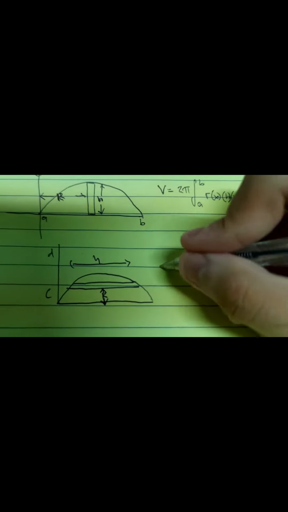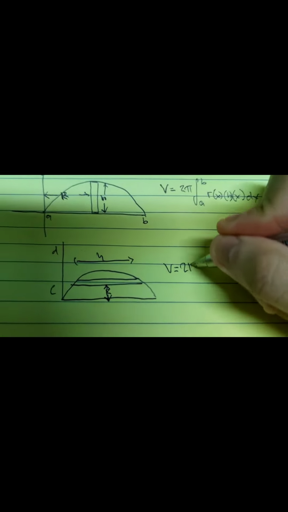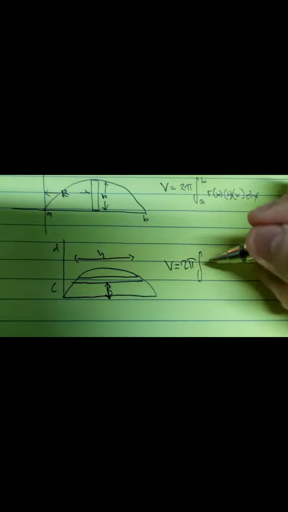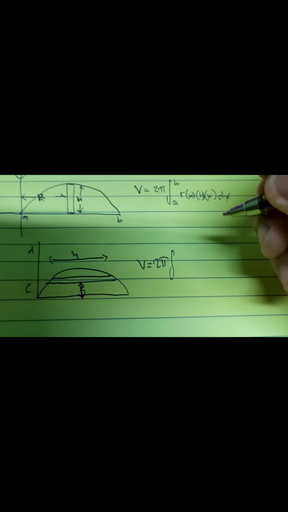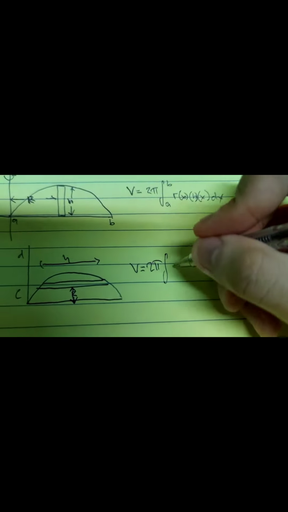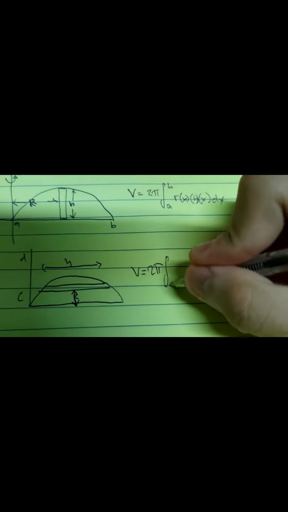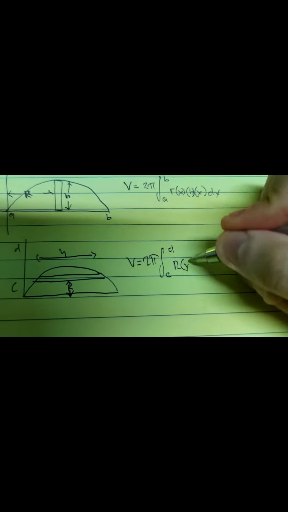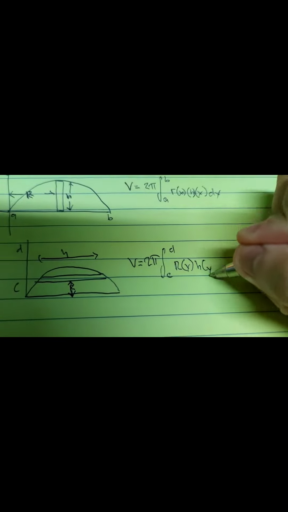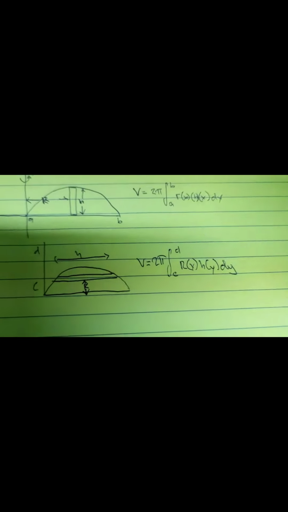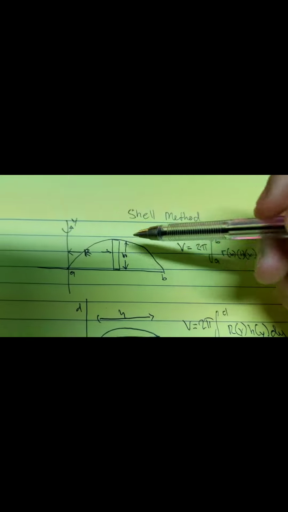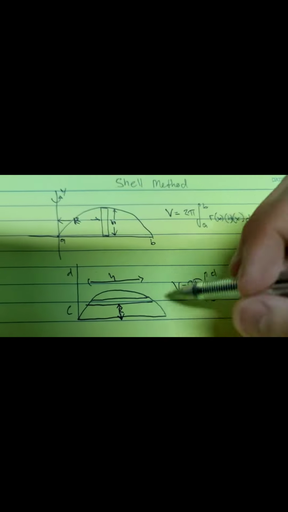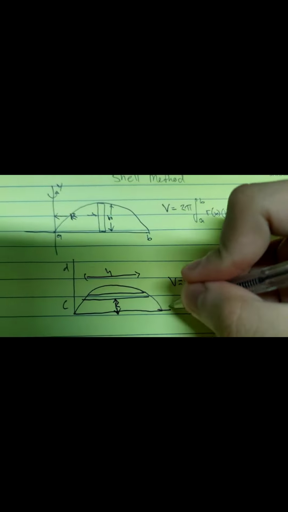Your formula is also the same, but in terms of y, in the y-axis. So from c to d, radius of y, height of y, dy. This is when you're rotating about the x-axis, and the earlier one is when you're rotating about the y-axis.